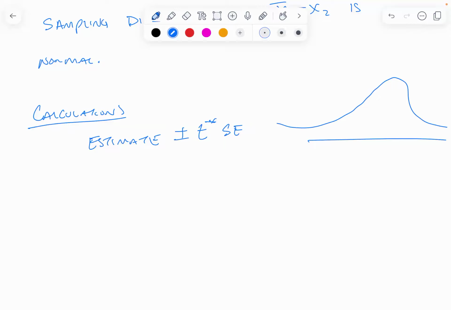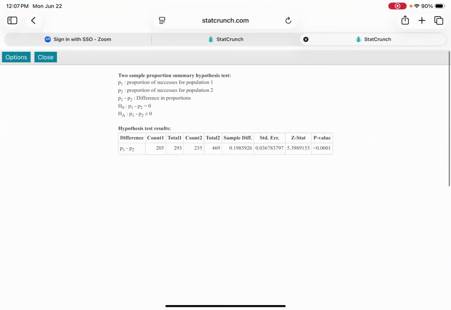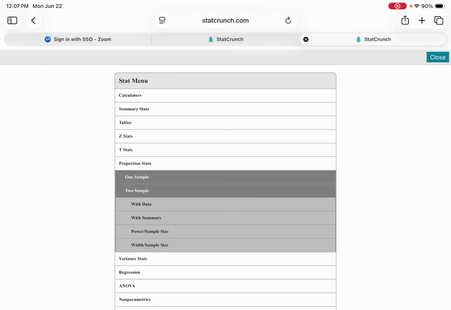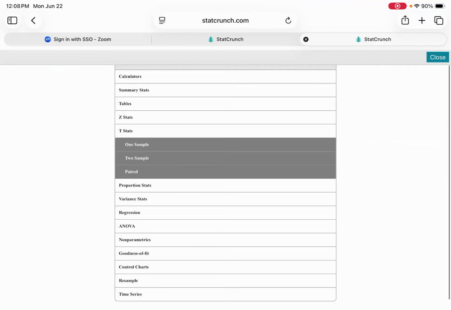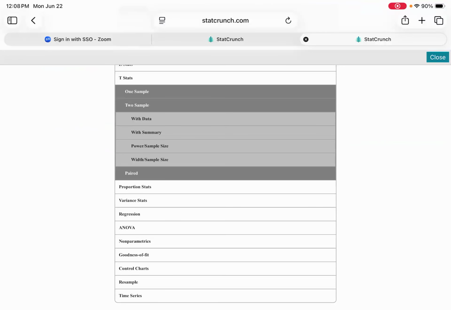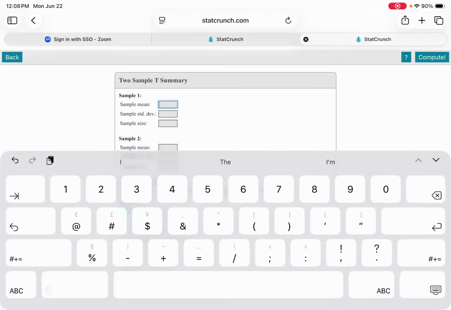So calculations, again, StatCrunch is going to handle it. Most important, like to draw the picture. Confidence interval means probability in the middle. So to StatCrunch we go. Stat. All right, now we go to T-stats. Two sample. All right, with summary.